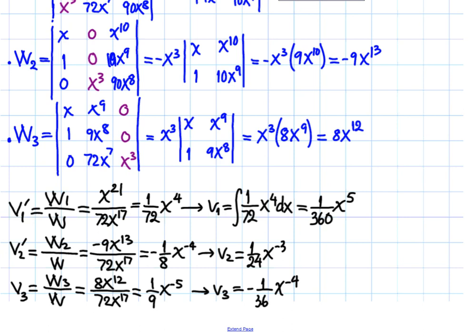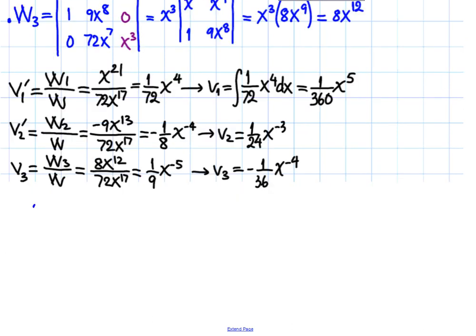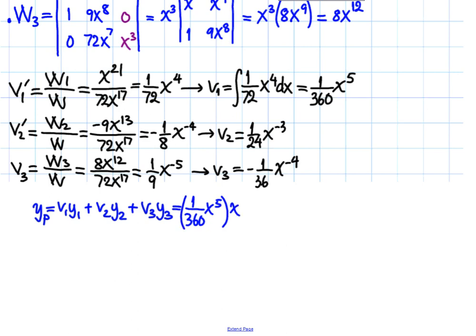With that, we're going to put them into the particular solution. V1 Y1, V2 Y2, and V3 Y3. So V1, 1 over 360 x to the 5th. Y1 is x.